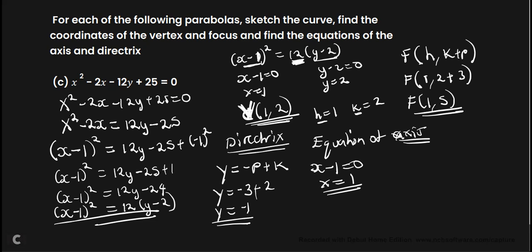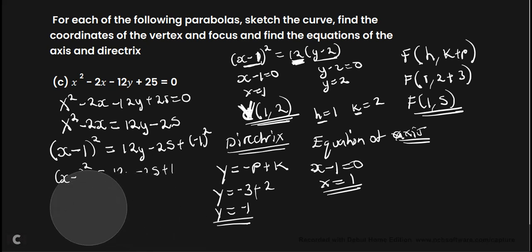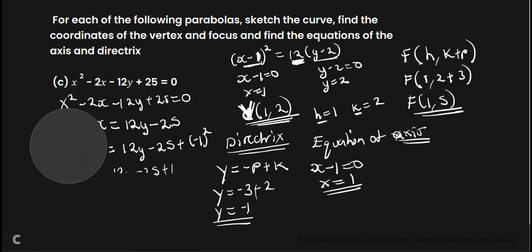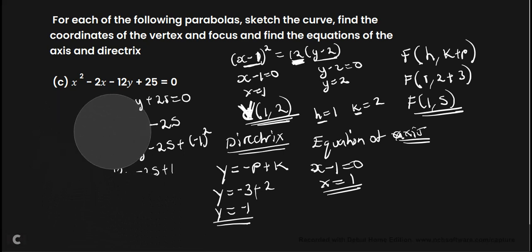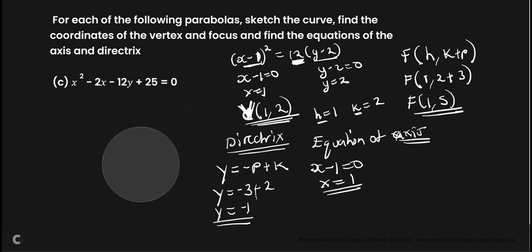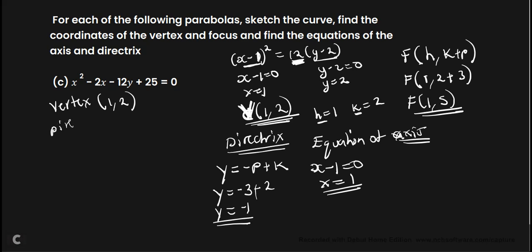Just like that. Now let's plot these things. Here, what is the vertex? The vertex is (1, 2). Then what is your directrix? Your directrix is y equal to negative 1.